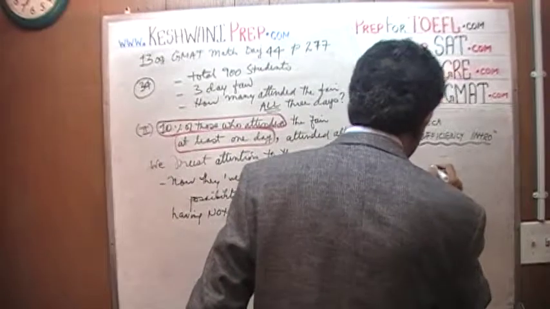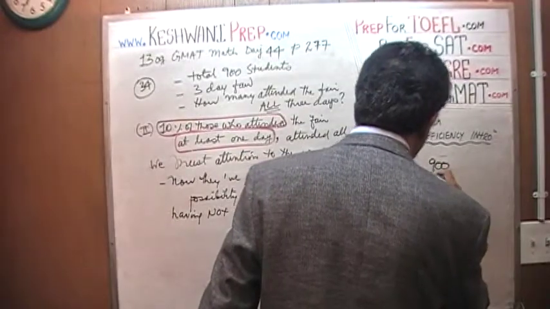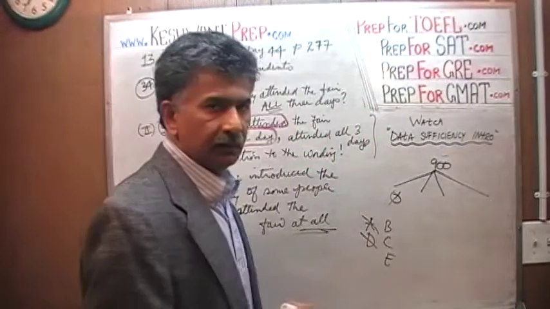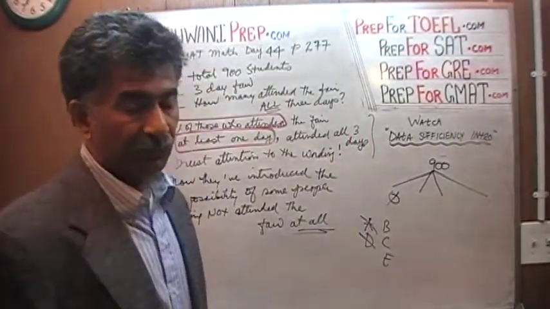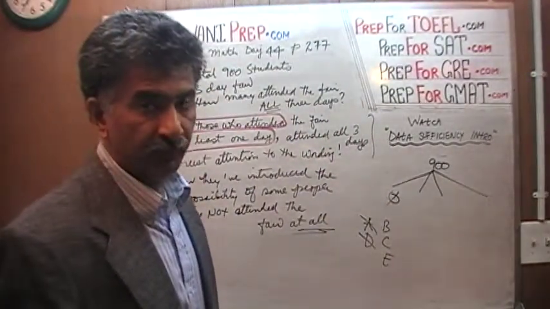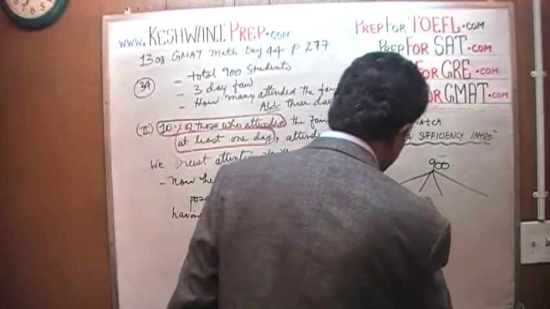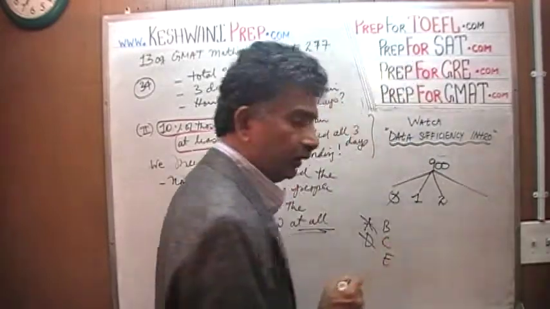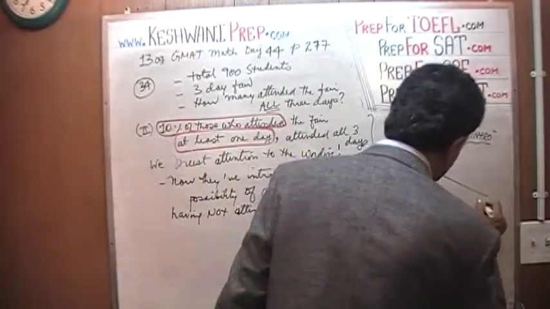So here now we have 900 people, and there are 4 possibilities now. There is a 0 possibility: the number of people who did not go to the fair at all, who went 0 days; the number who went only 1 day; the number who went only 2 days; and the number who went all 3 days.